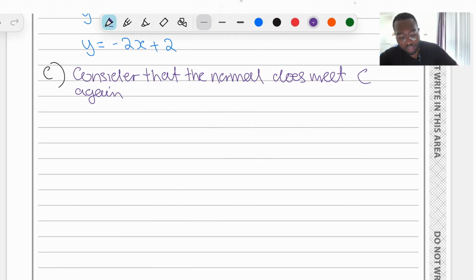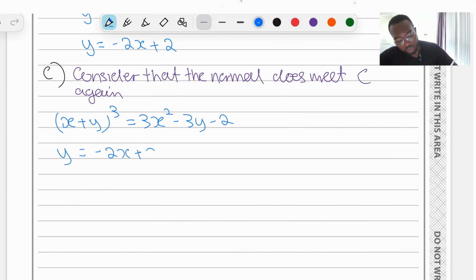We know that the curve was x plus y cubed, and that is equal to 3x squared minus 3y minus 2. And then we also have the normal to C at P, that is y is equal to minus 2x plus 2. So if we make these equal to each other, we should only get 1 point, but let's consider that it meets again.